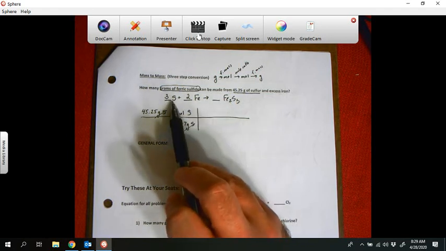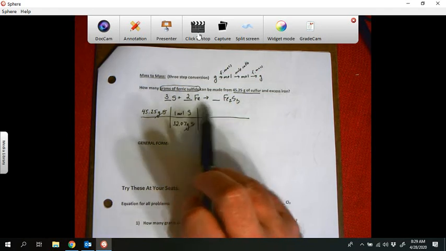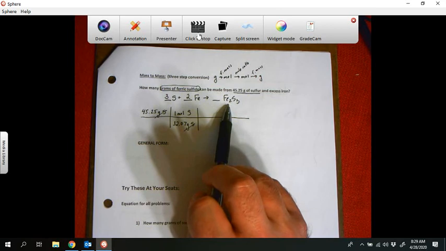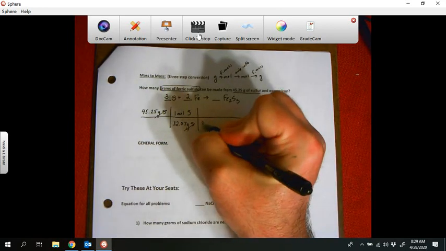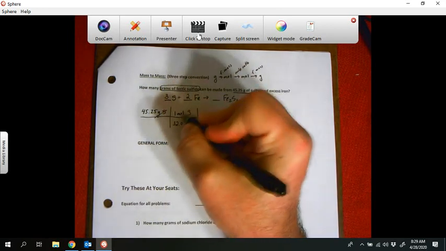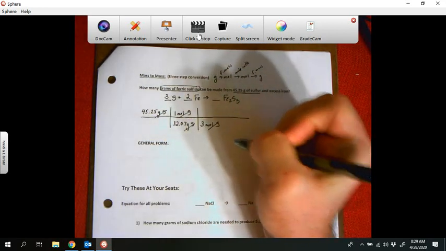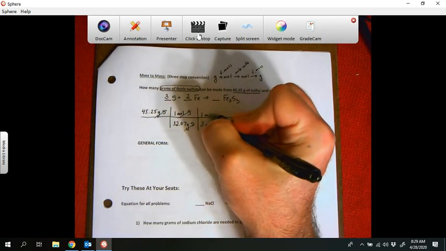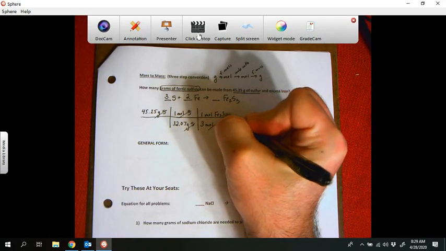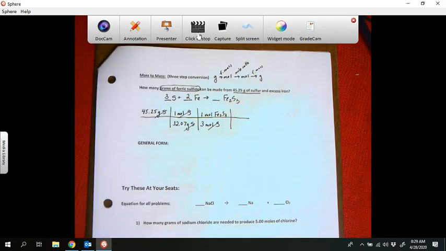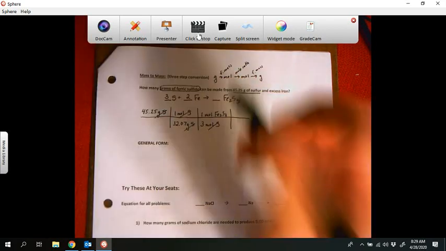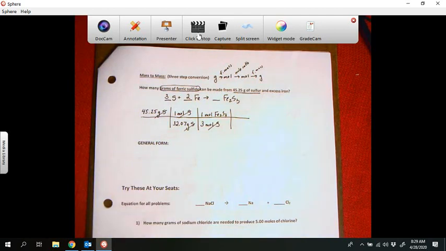So 3 moles of sulfur create 1 mole of ferric sulfide. So I'm going to put the 3 moles of sulfur in the bottom so our units cross out, and I'm going to put the 1 mole of Fe2S3, ferric sulfide, on top. So now if I stopped here, our answer would be in moles of Fe2S3.